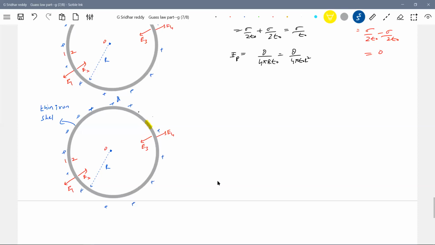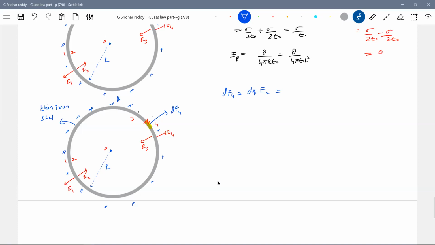Now this element has a charge dq. Will it experience any force due to E2? Yes, it will. We'll write df4. So what is df4 equal to? dq into E2.